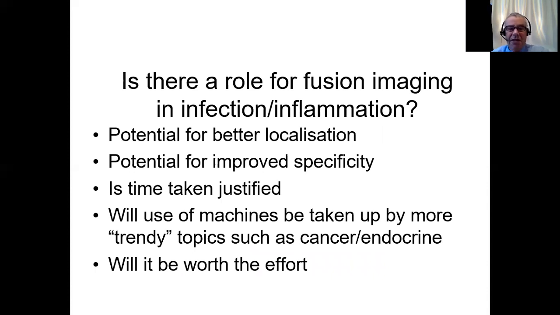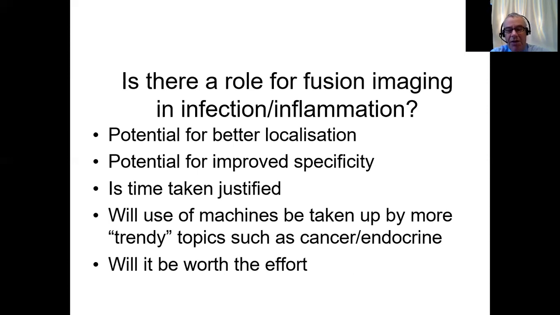So the first thing is, is there a role for fusion imaging in infection and inflammation? And again, it's all very similar to what we said before. We get better localization. We can improve specificity. But with single photon techniques, it does take a lot longer because obviously you normally need to do the whole body or the planar imaging, and then you have to do a SPECT, which takes 15 or 20 minutes.